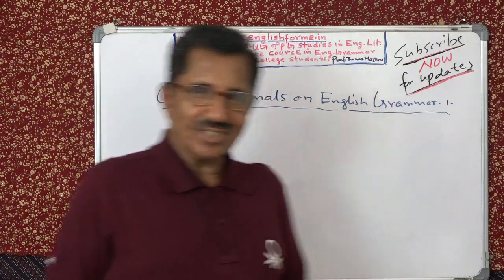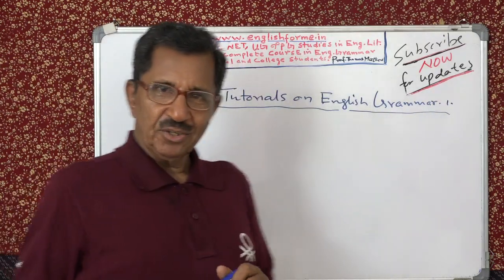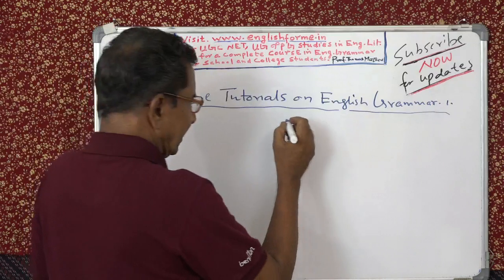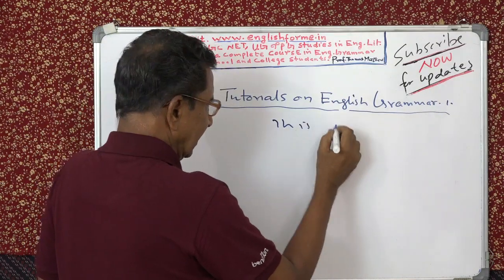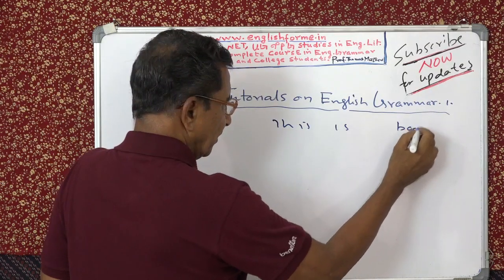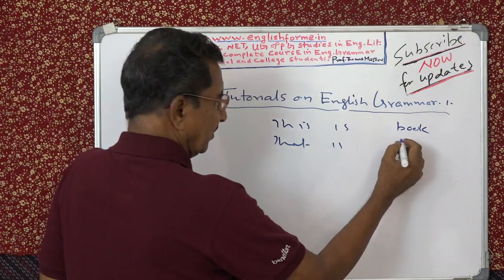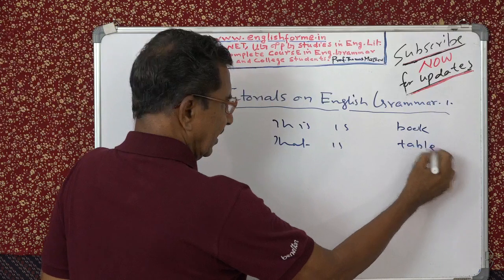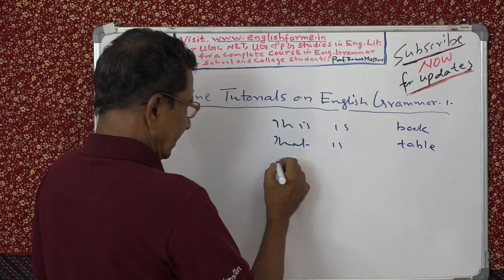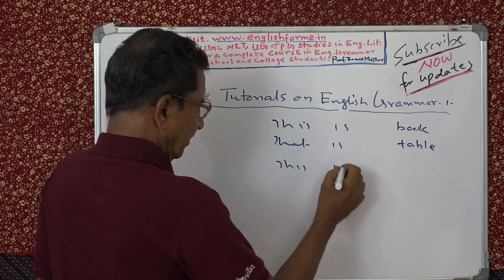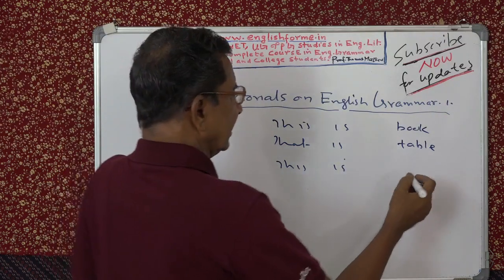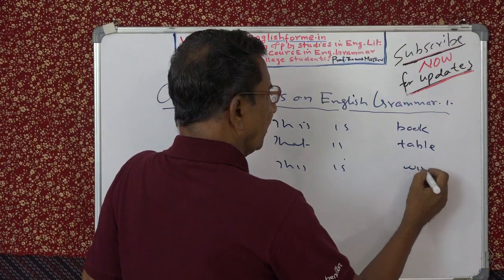See your sentences now, when you start speaking English, you make sentences like this. What is it? This is book. That is table. This is window.